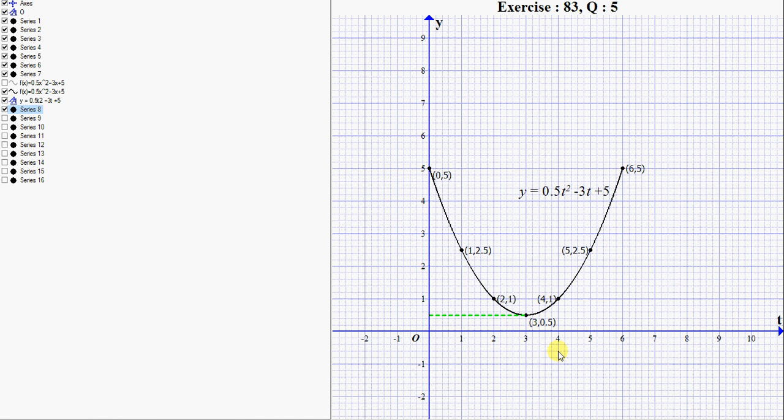Then from this point we will draw another line parallel to the y-axis. So here is the minimum point, we will get y and t both. Here actually this point is also given in the table. At the minimum point, t is 3 seconds and y is 0.5 meter.